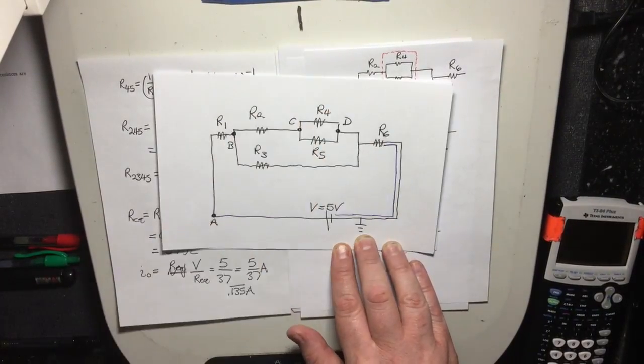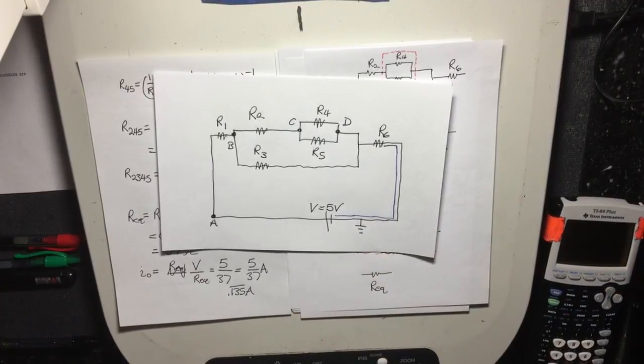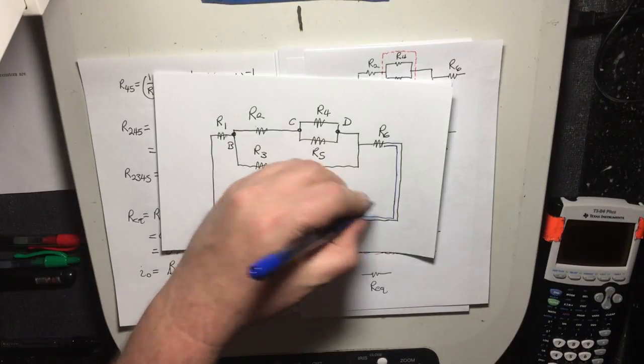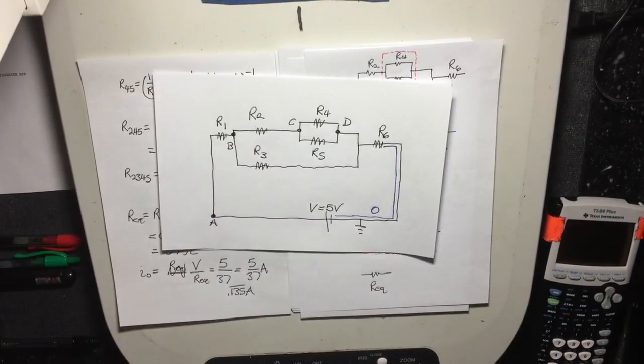The potential, if it's connected by wire and does not pass through a battery or a resistor, all have the same potential. They're all connected to ground. So they all have a potential of 0 volts.